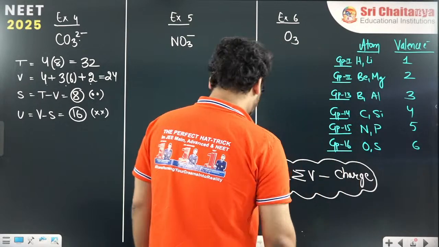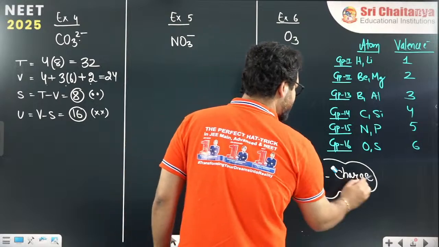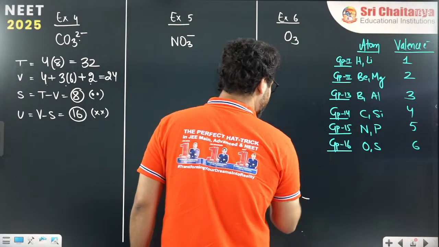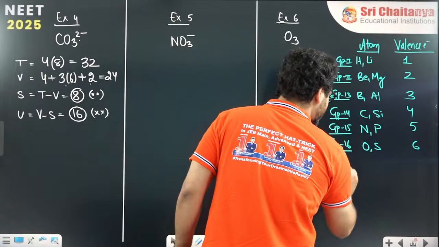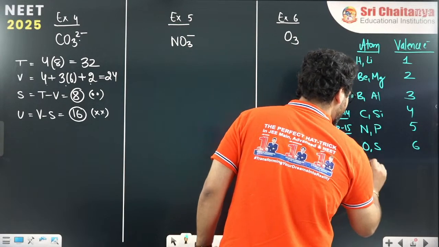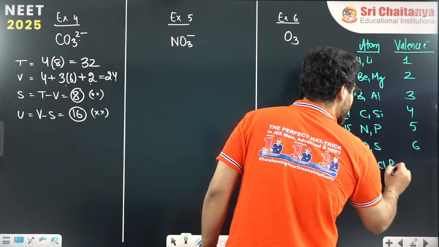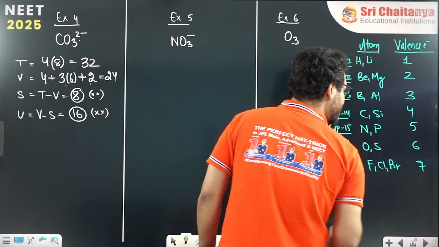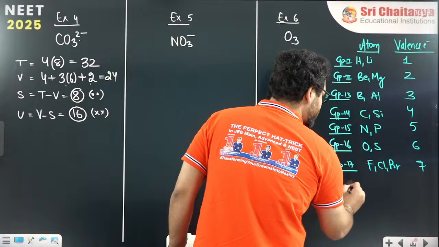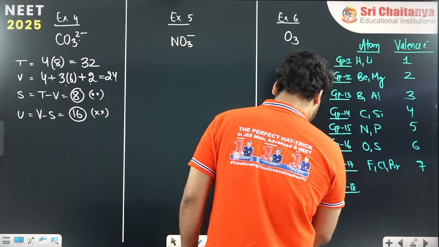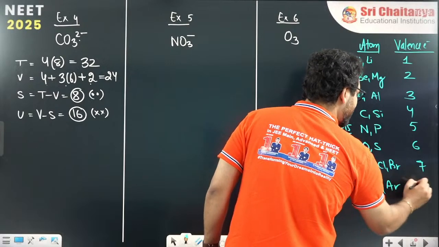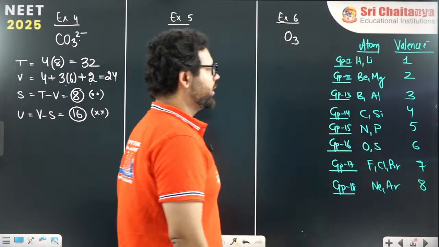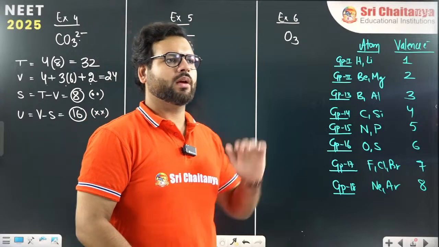When the atom belongs to group 17, which is halogens, 7 valence electrons. So group 17, fluorine, chlorine, bromine, 7 valence electrons. And whenever it belongs to group 18, like neon, argon, then their valence electrons are 8. This is the value of V.